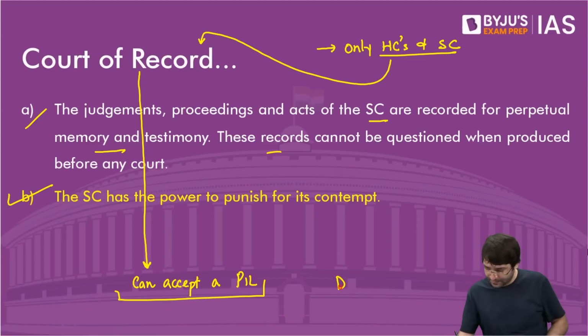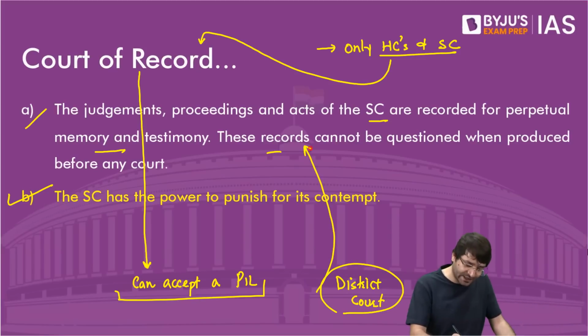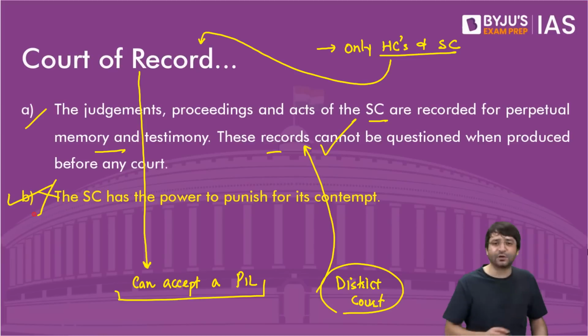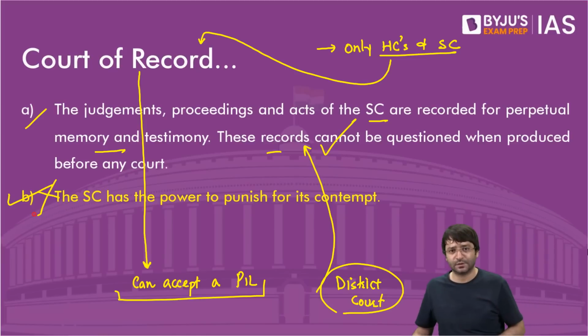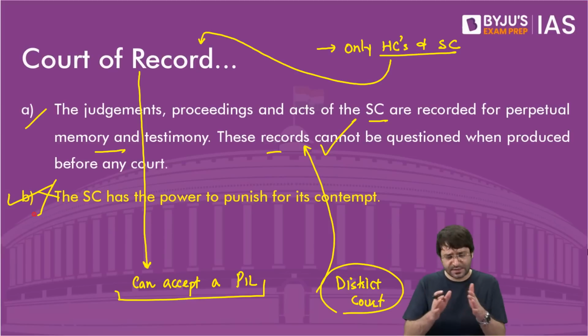District courts, my dear, satisfy criteria 1, but do not satisfy criteria 2. District courts' proceedings are also recorded, saved for perpetual memory. All the proceedings, all their judgments are recorded.